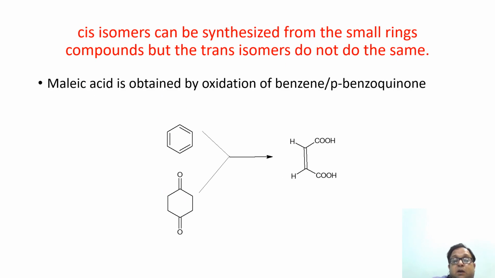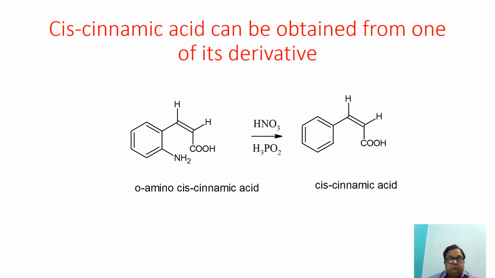Similarly, maleic acid can be easily synthesized by the oxidation of benzene or para-benzoquinone. In this reaction, cis-cinnamic acid is easily obtained from one of its derivatives, that is ortho-amino cis-cinnamic acid.